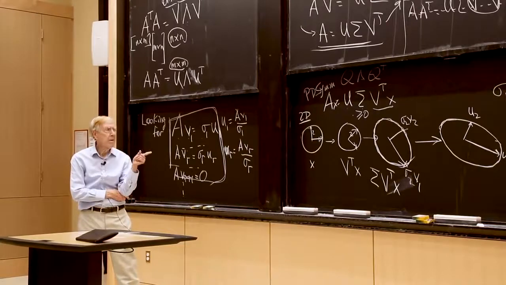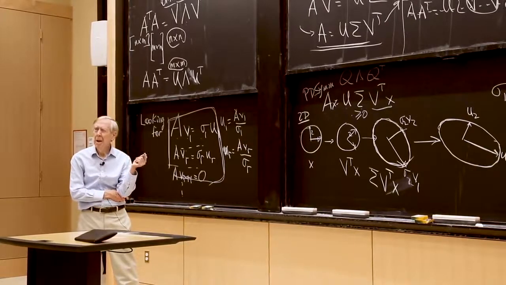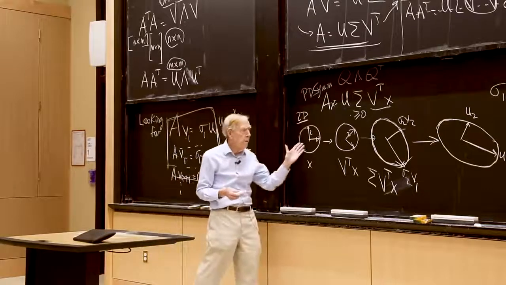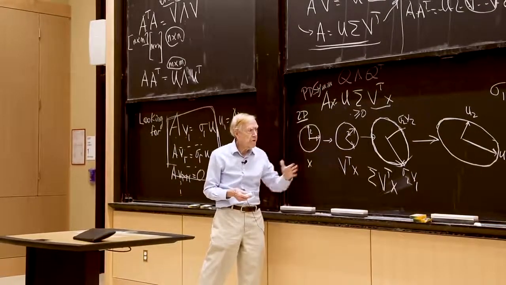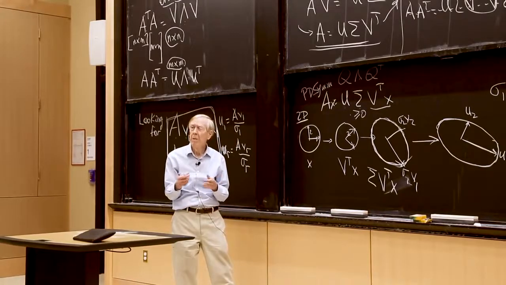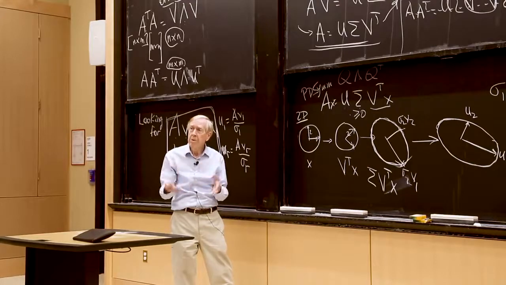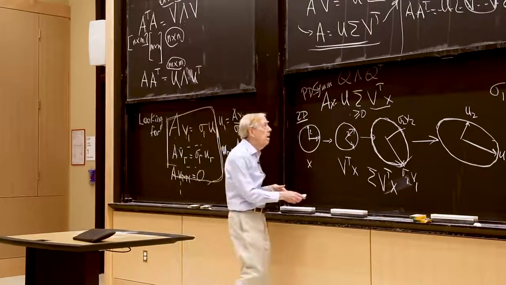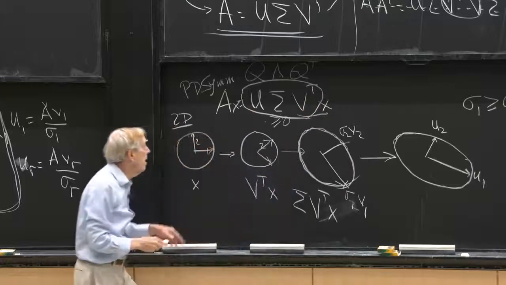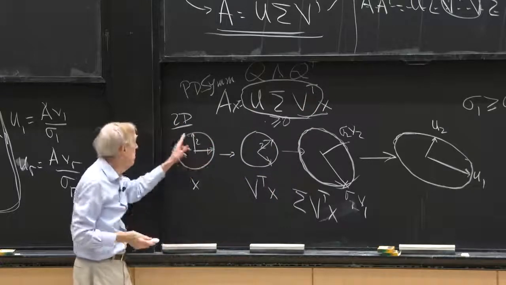Now, I think of one question here that helps me anyway to keep this figure straight. I want to count the parameters in this factorization. So I'm 2 by 2.